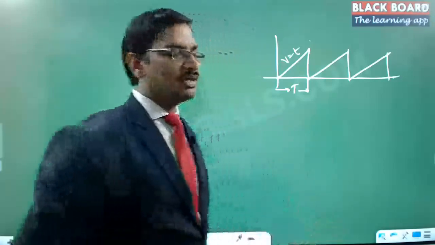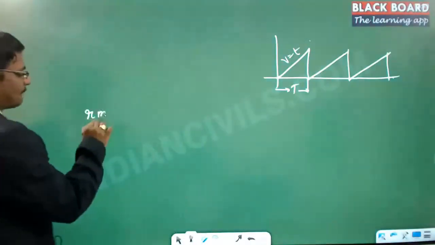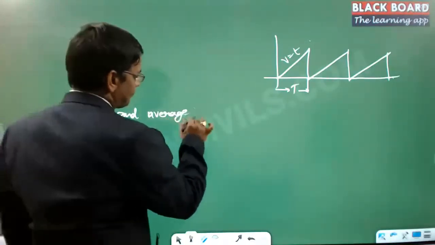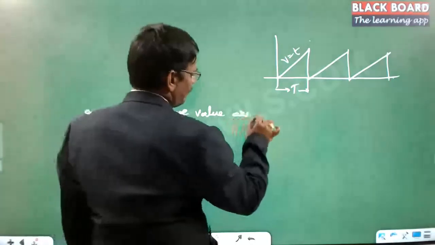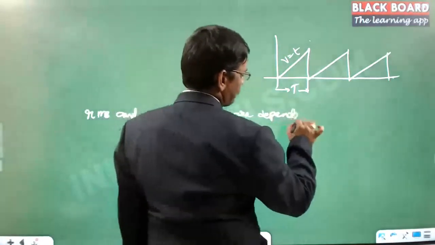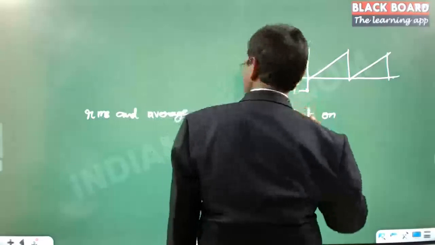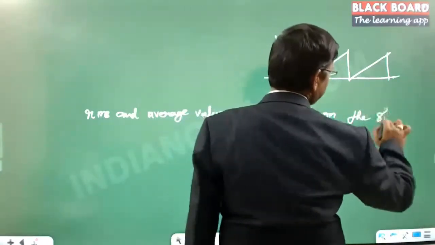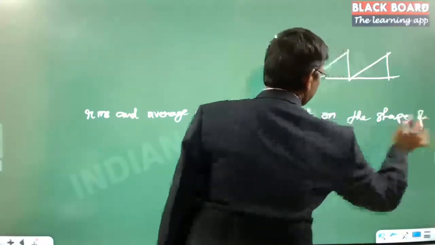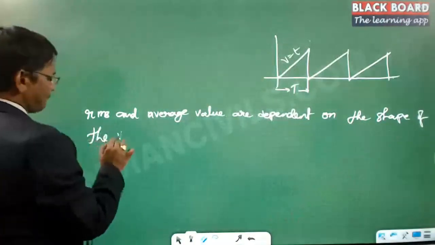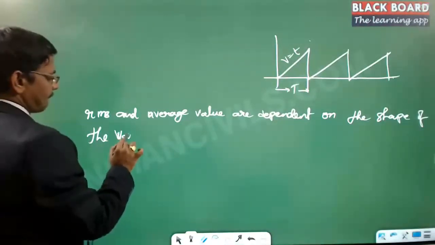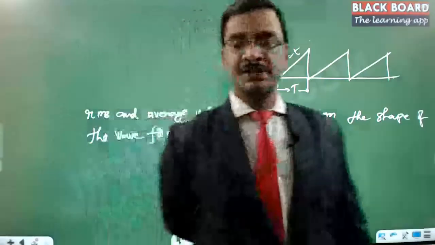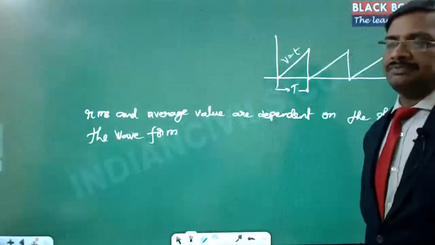So the RMS value and average value depend on the shape of the waveform. Clear? Any questions?